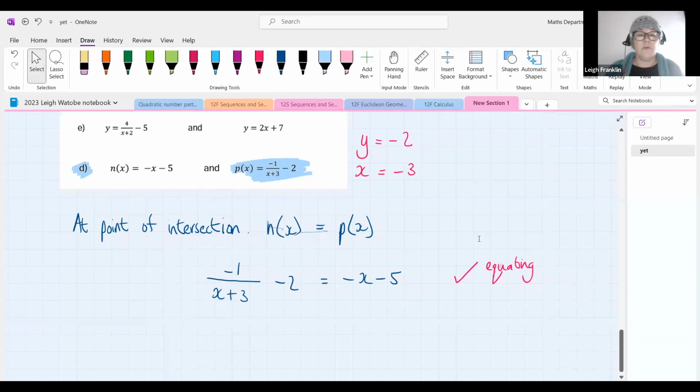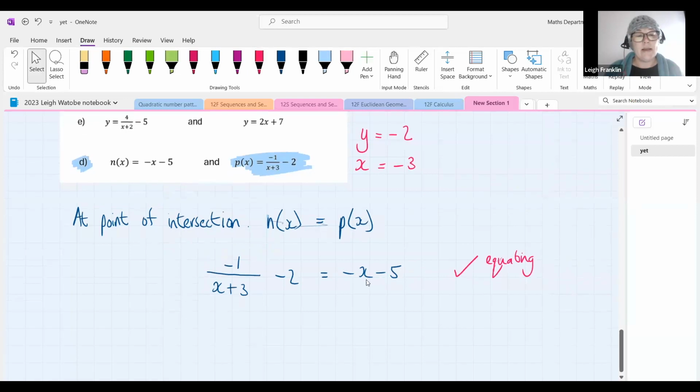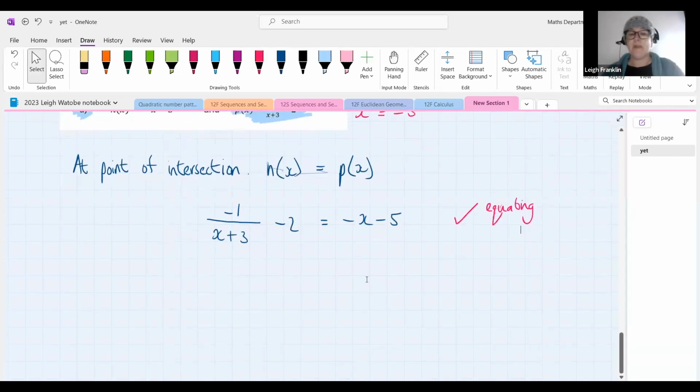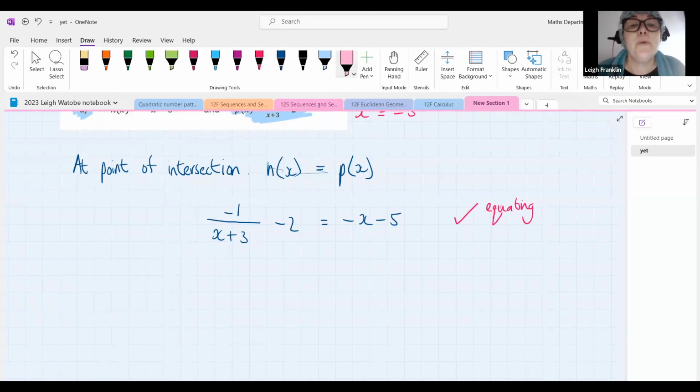When you are solving between a straight line and a hyperbola that has been shifted left or right as well as up or down, the easiest thing for you to do first is to transpose this value over here, whatever the horizontal asymptote is. Transpose that first. So take it over to the other side.